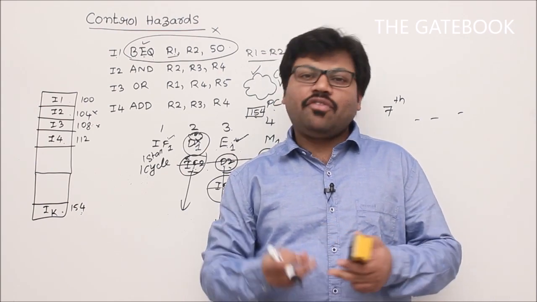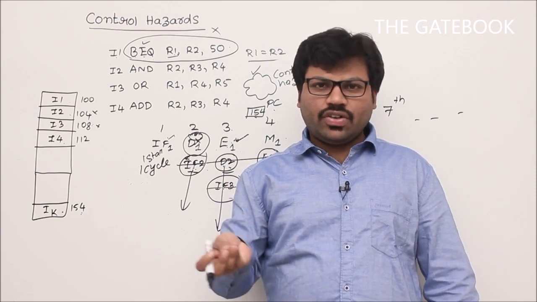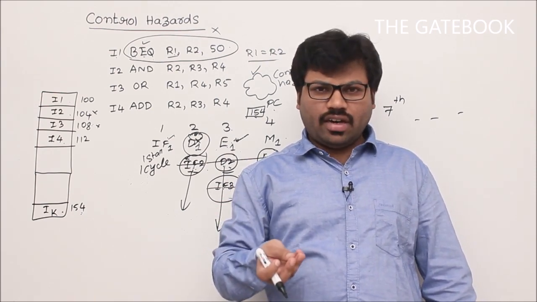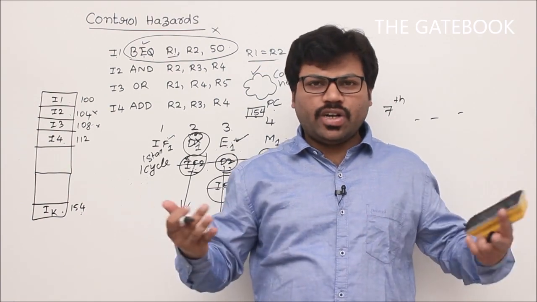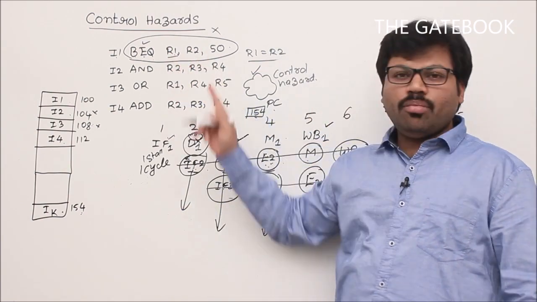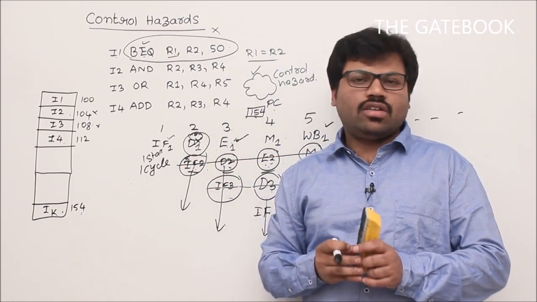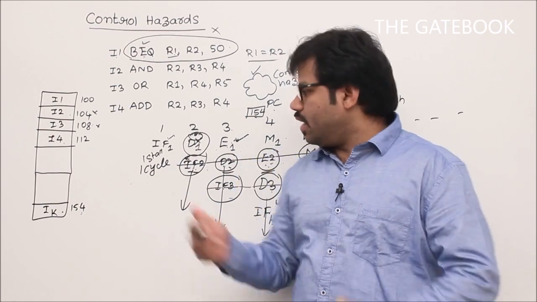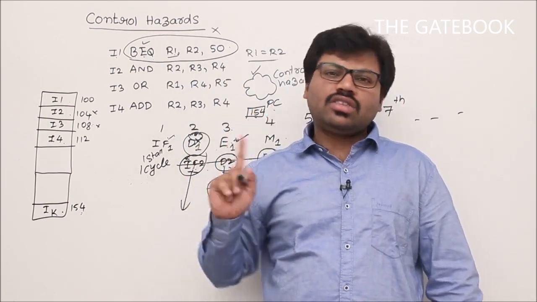Try to understand. If I really know it while writing the code or executing, then why would I write it? Correct? So we write if conditions only if there are two cases or two possibilities. That's why. So here also, for branch instructions, whether it is successful or unsuccessful, nobody knows. That's why control hazards will definitely introduce stall cycles.